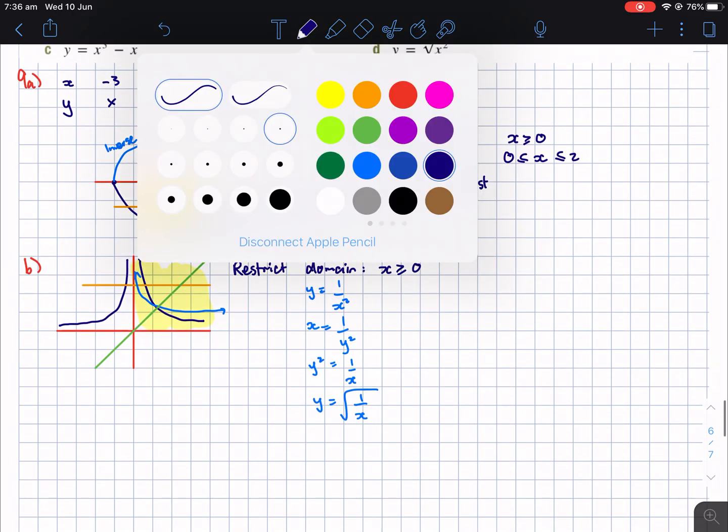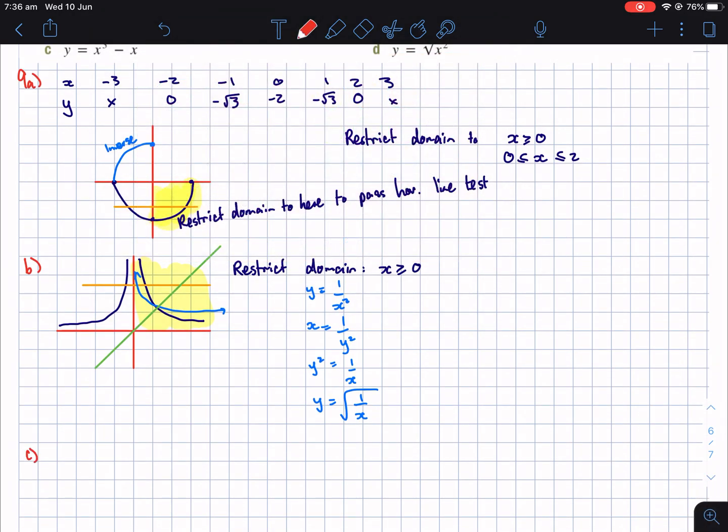Question C, x cubed take x. Which is the same as x outside of x squared take 1.